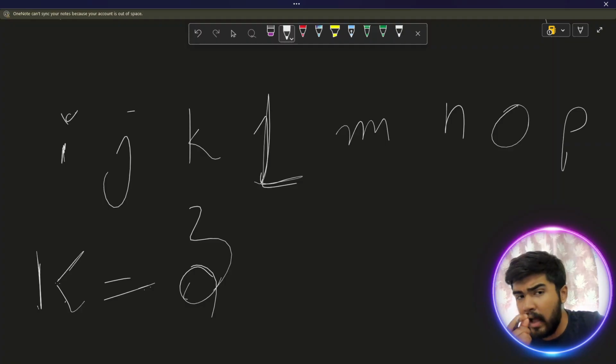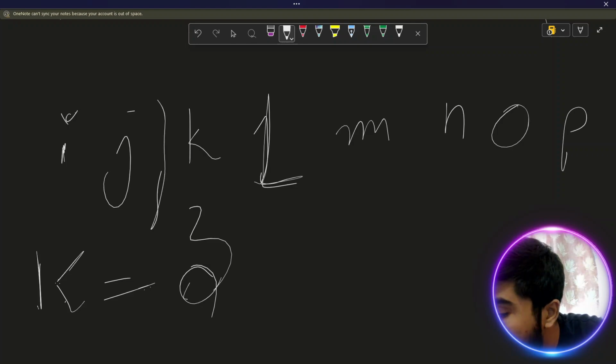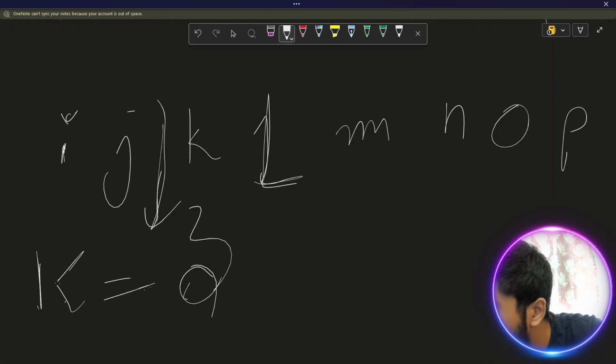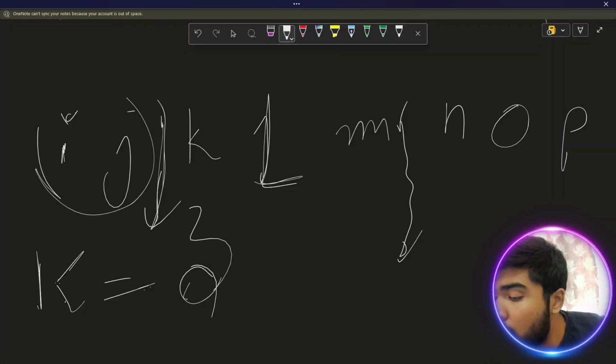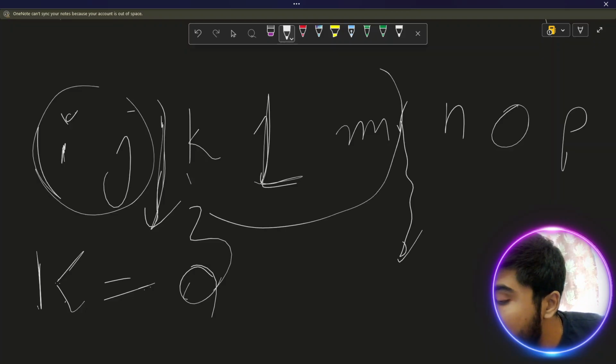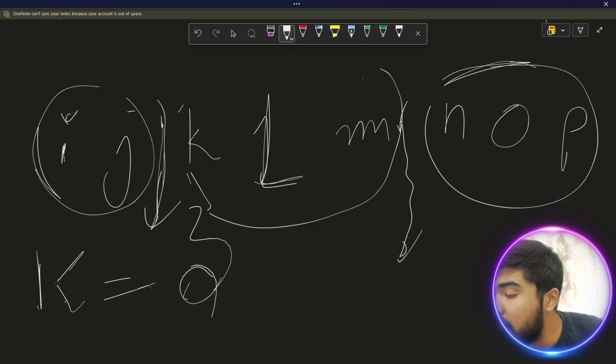Now I have to put them in the 3 buckets. So let's suppose I make a partition at these particular points, and then let's suppose I make another partition at these particular points, and I think I have done, right? One partition has these 2 values, another partition has these 3 values, another partition has these 3 values, and the last partition has all of this.